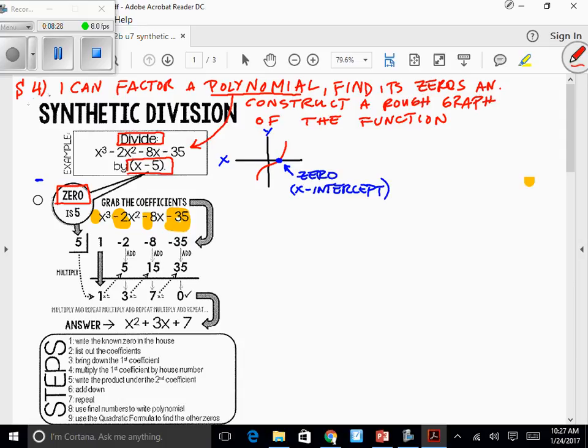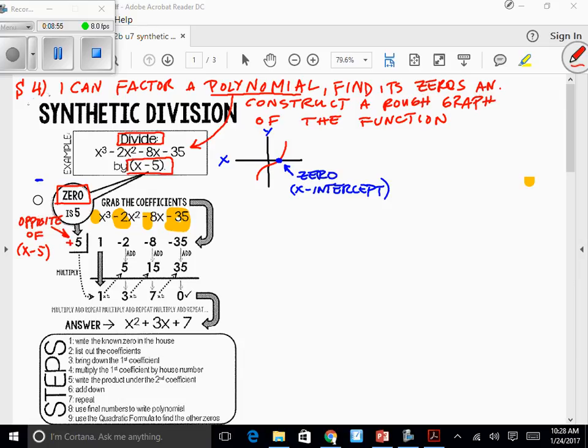So right here, I want you to put the opposite of x minus 5. Opposite in the sense of what they want, so this is a positive 5. I'll put a plus sign there instead of the minus.